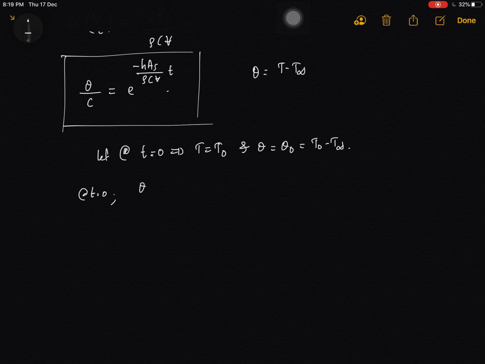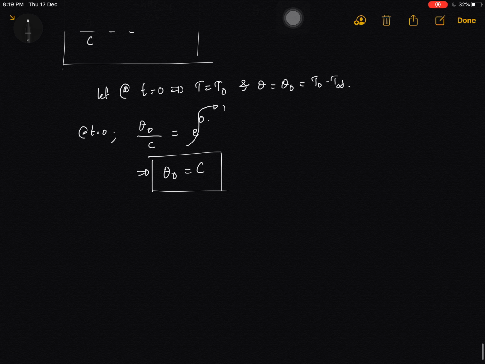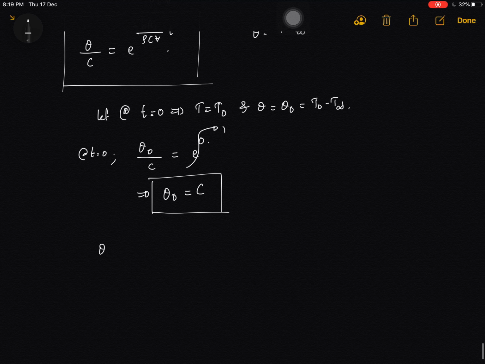Applying this boundary condition into the above equation, at t equal to 0, theta 0 by c is equal to e raised to 0, and e raised to 0 is nothing but 1, so theta 0 is equal to c.